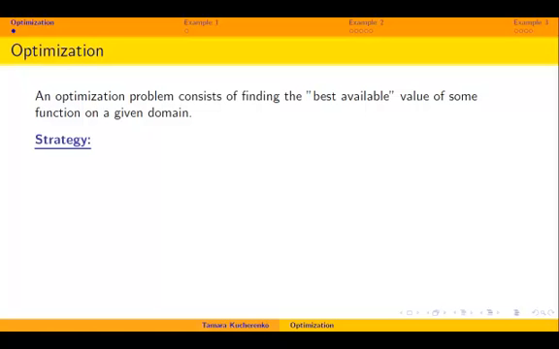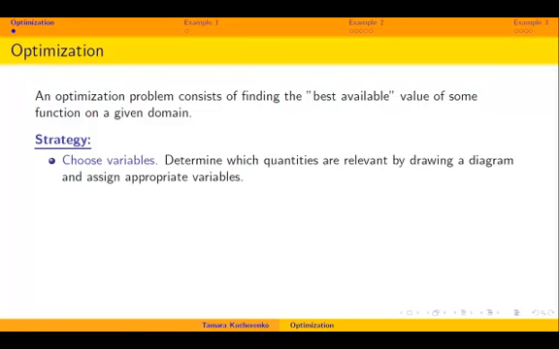Our strategy for solving optimization problems is the following. The first step is to choose variables. Determine which quantities are relevant by drawing a diagram and assign appropriate variables.